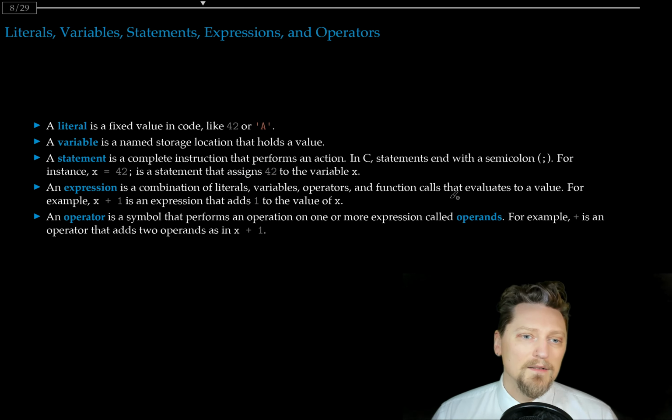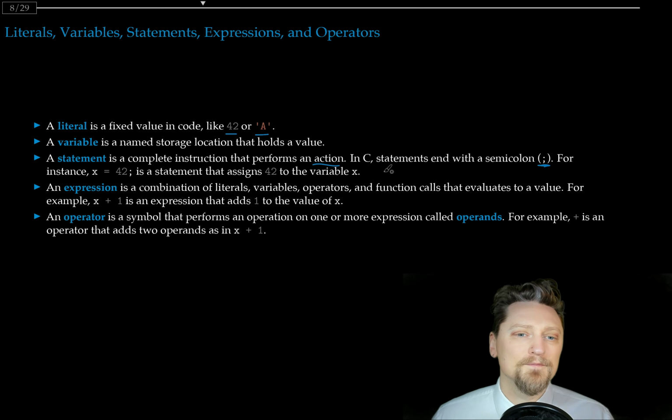A statement is a complete instruction that performs an action. In C, statements end with a semicolon. And if you don't remember the semicolon, your compiler will remind you. For instance, x equals 42, semicolon is a statement that assigns 42 to the variable x.